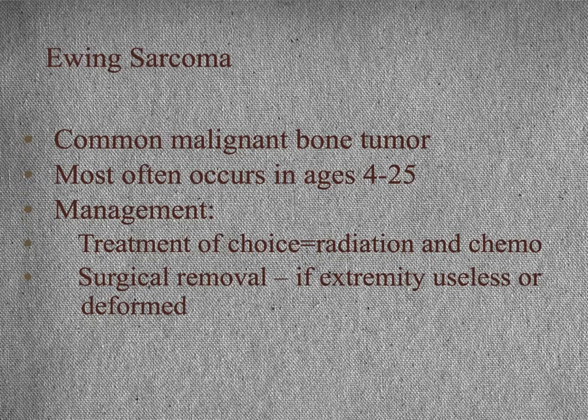So with this one, our treatment of choice is starting with radiation and chemotherapy because it starts in those marrow spaces. So we want to shrink as much of the tumor as possible, and then we will go in and surgically remove what we need.